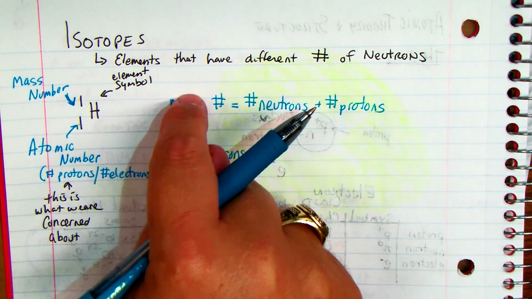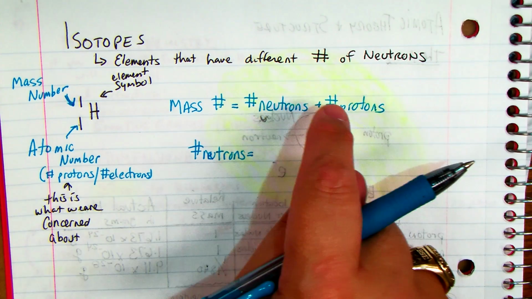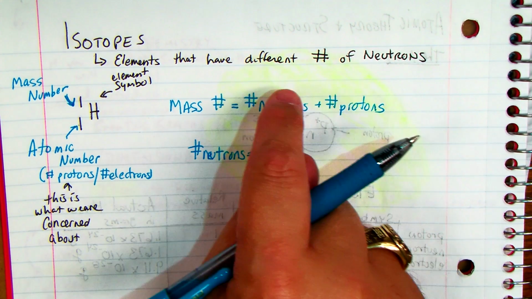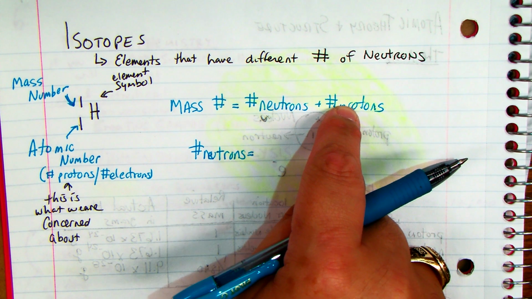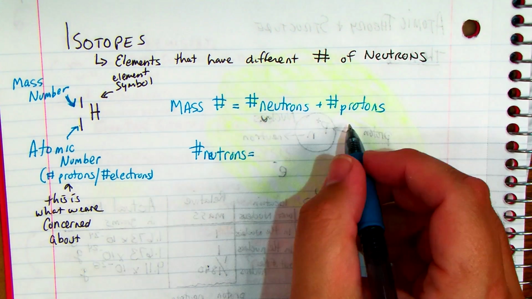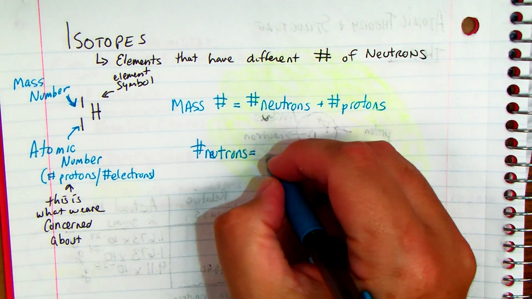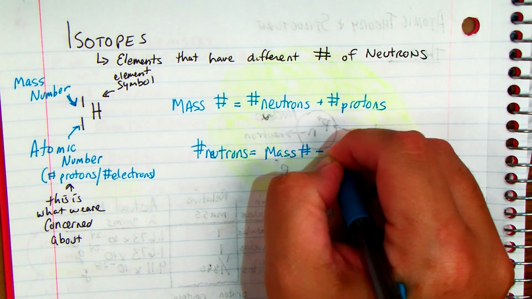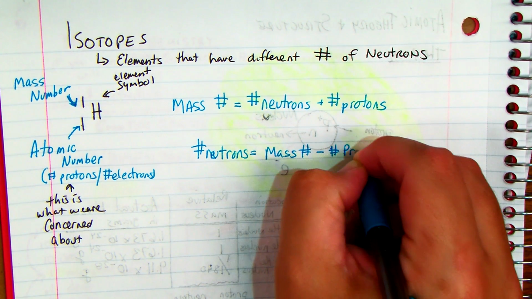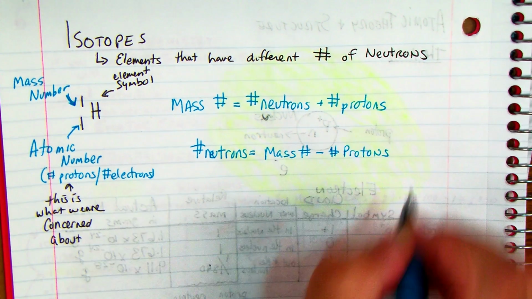So if I'm adding that, if it's neutrons plus protons, how am I going to get rid of it and just get neutrons? Subtract. Just use some algebra. So I'm going to subtract that from the mass number. So it's the mass number minus the number of protons.